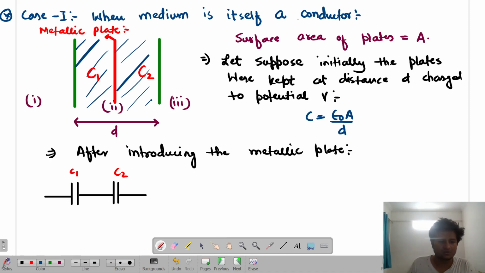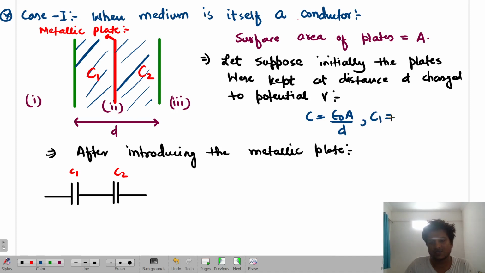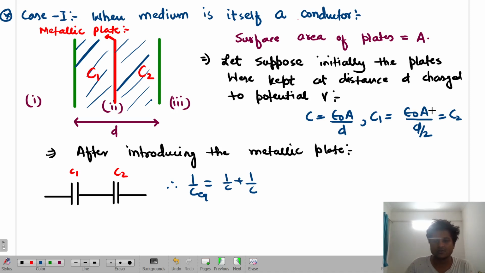Now look over here, what will be my value of C1? Epsilon naught A, surface area is still itself, but D by 2 or not, which will be exactly equal to C2. So therefore, 1 by C equivalent is equal to 1 by C1 plus 1 by C2. Your C1 is equal to C2. Right or not? So C1 is how much?